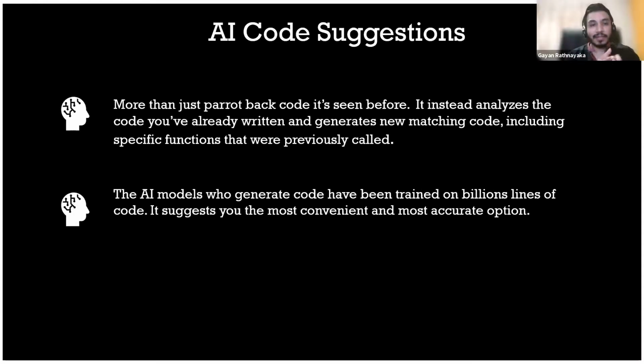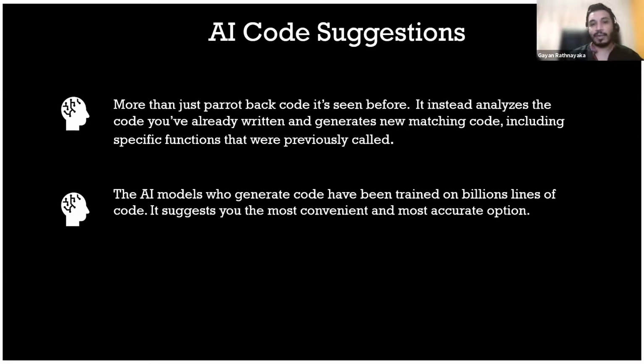These AI models that generate code have been trained on billions of lines of code, mostly from public repositories on GitHub. GitHub is the largest public repository that we have. AI models like Codex and GPT-3 are very familiar with the open repositories on GitHub.